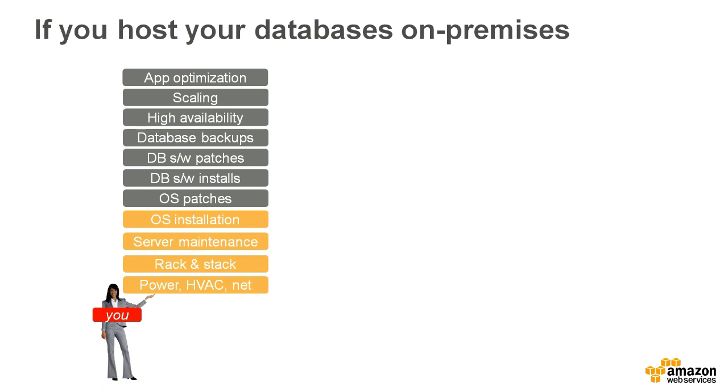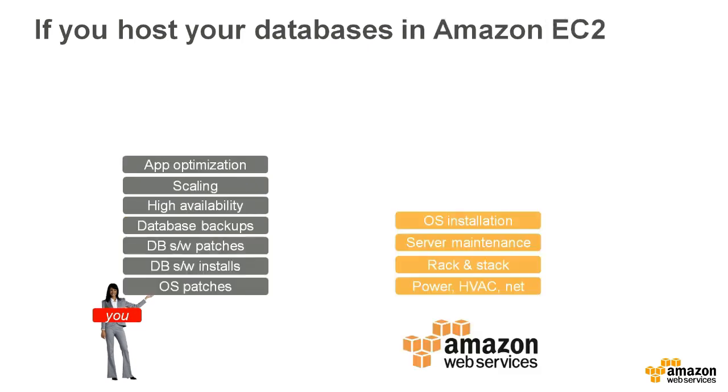You can shift those managed services to Amazon Web Services. The physical hardware and network part is managed by Amazon automatically. However, all the rest is managed by you, be it software or database patches.